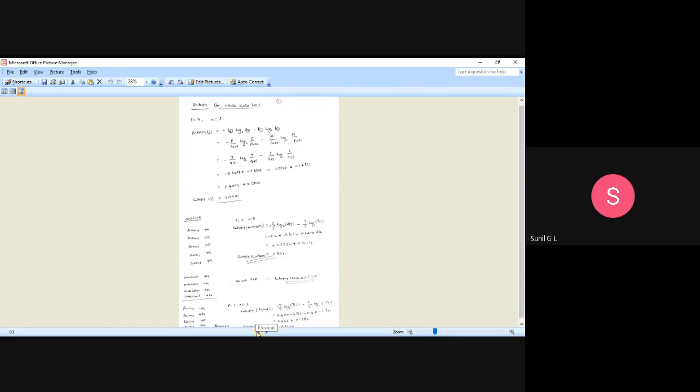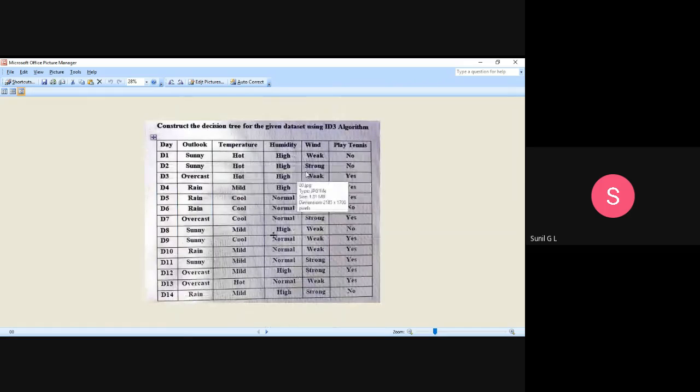Then, information gain. We have four attributes, and we need to select one of the attributes as the root of the tree. For that we need information gain.